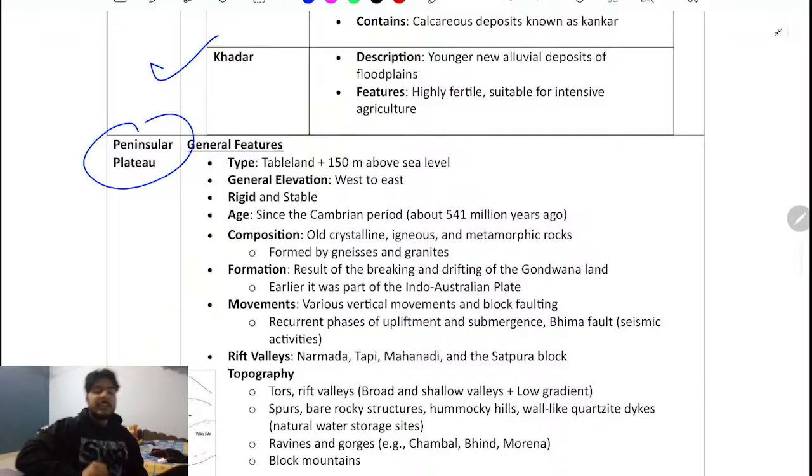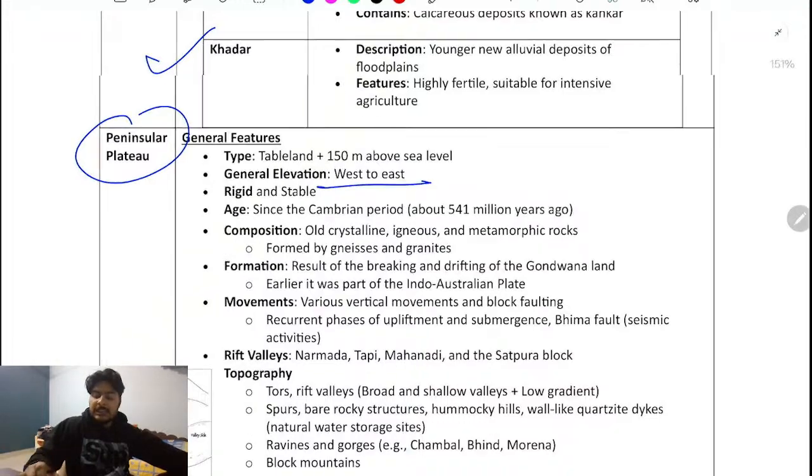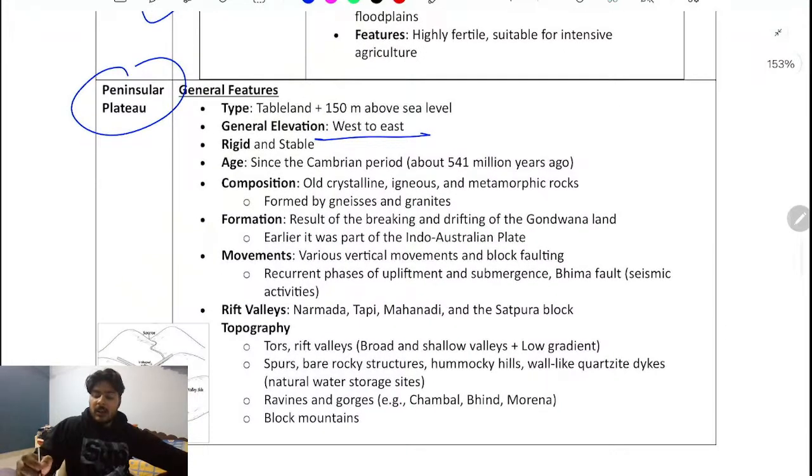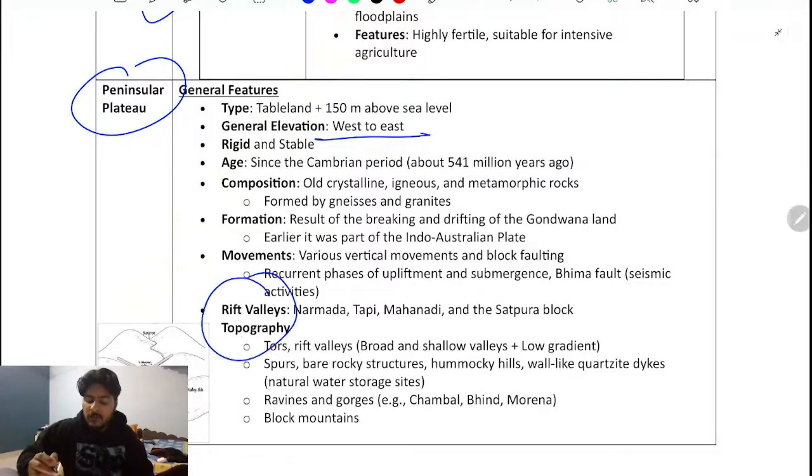The peninsular plateau. What is peninsular India? We talk about South India; South India is the peninsular India. It has an overall west to east extension. ठीक है ना. And here I will talk about the Rift Valley topography.